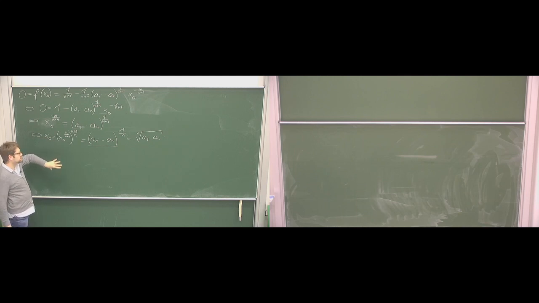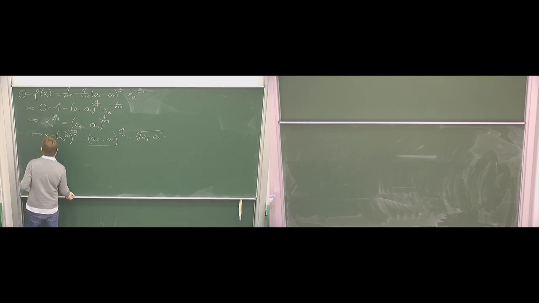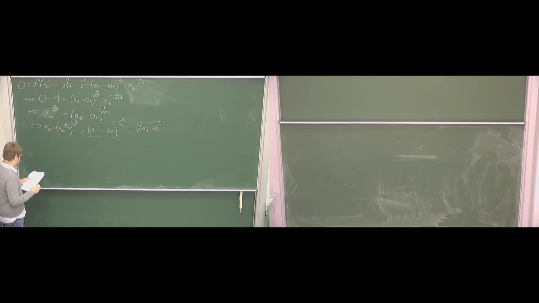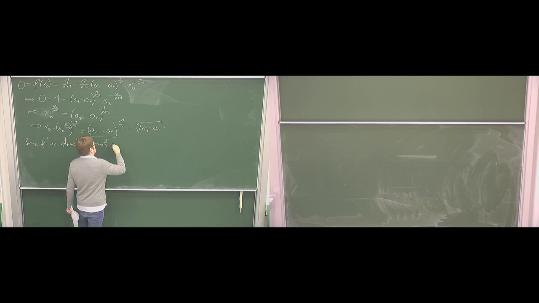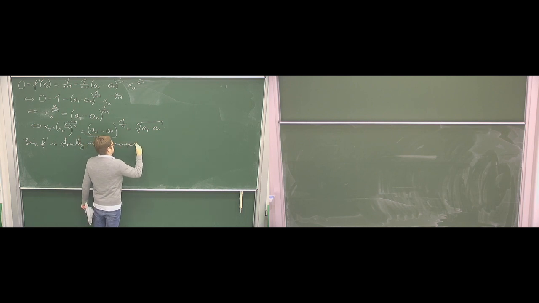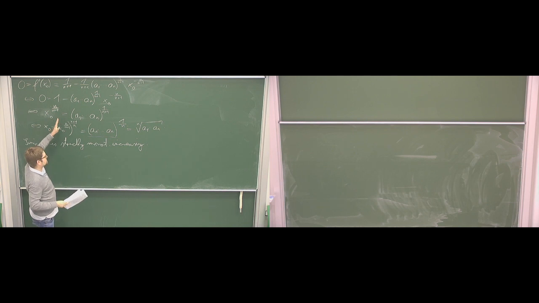We don't know about this yet, but we have some more information about f prime, which we shall observe now. We have seen that f prime is strictly monotonically increasing. So, what does this mean? If we have 0 at this point, this means that in the interval left of this point, the derivative has to be negative, while on the right-hand side, right of this point x0, everything has to be positive.